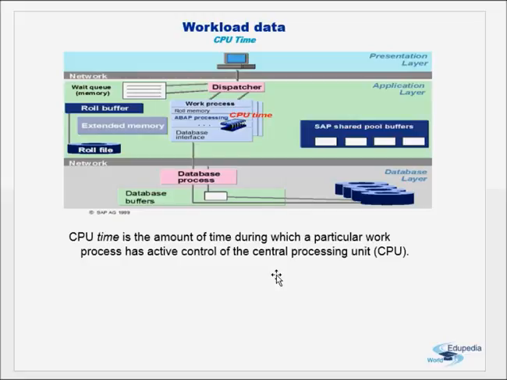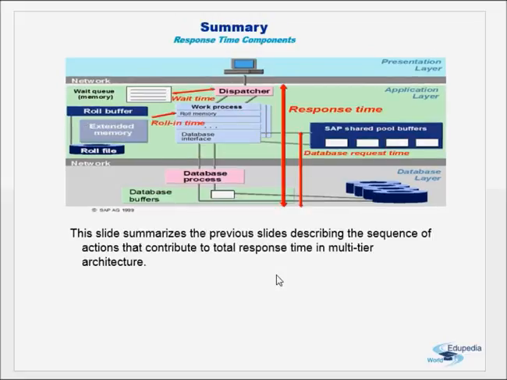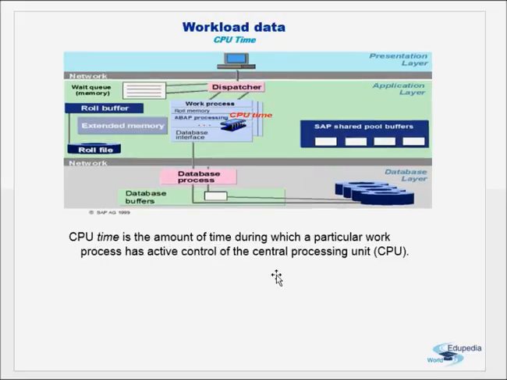All these other times, like wait, roll-in, and database request time, increase your response time. Waiting time and these should be less because they drastically increase your response time and affect the system performance, but the actual processing when it's done is known as the CPU time.